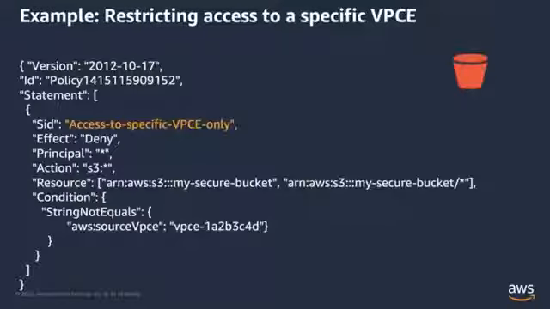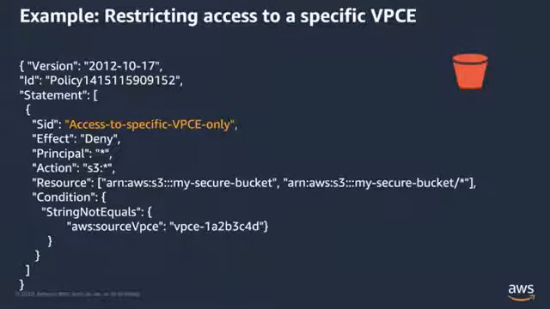Now you can also lock down the bucket to say that it's only allowed to be accessed from that VPC or VPCE. So in this case, we're restricting access to a VPCE. And you can see we again have our version and our ID. With our statement, we have our SID of access to specific VPC only.